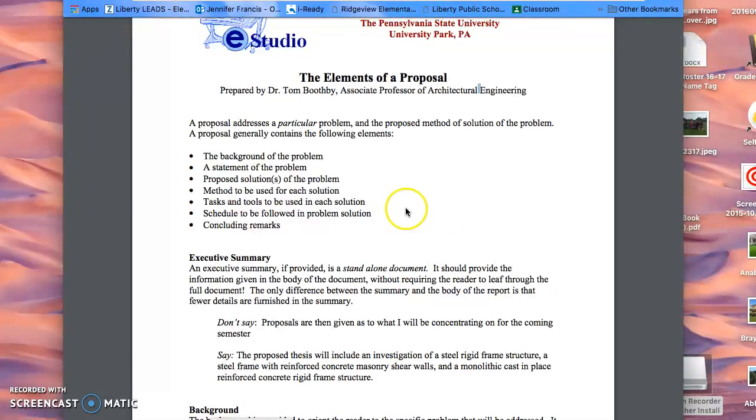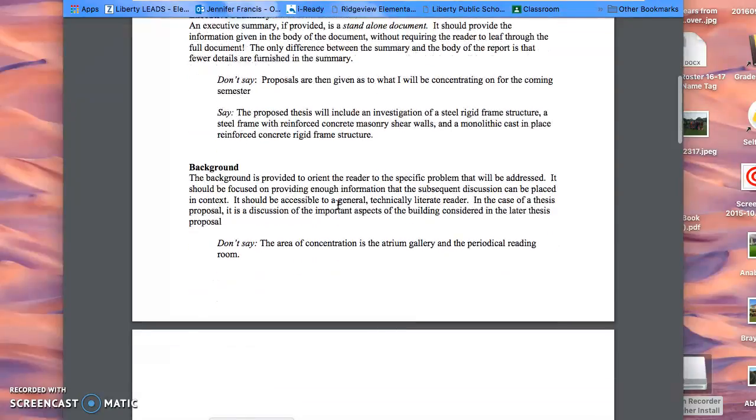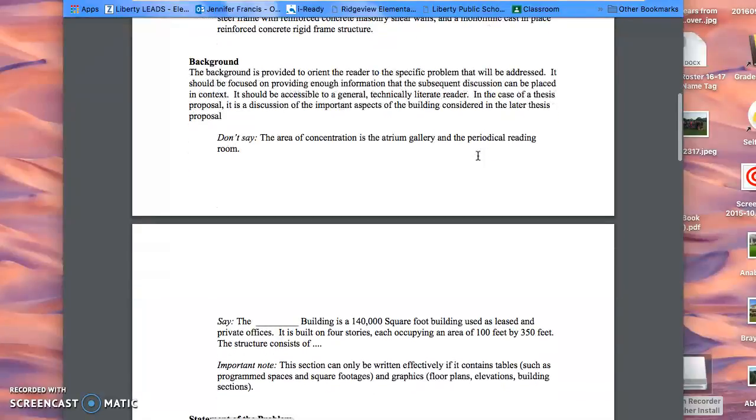So the background of the problem, the background is going to tell the reader, and I think it's important that we know that, the specific problem that you are addressing. It is also going to focus on providing enough information that further discussion can happen regarding your topic.